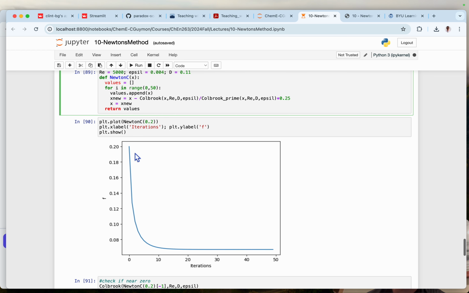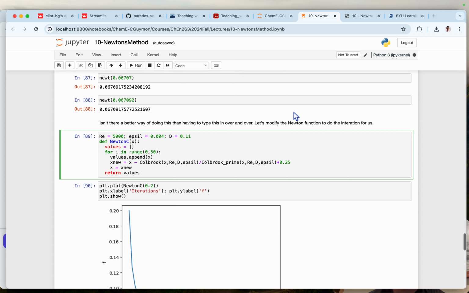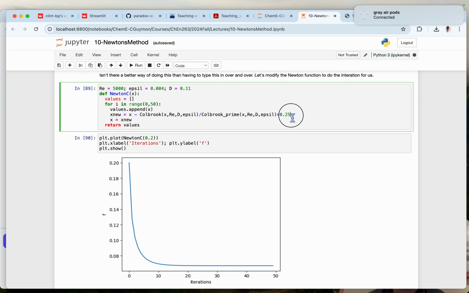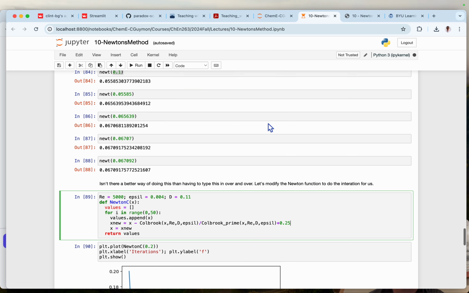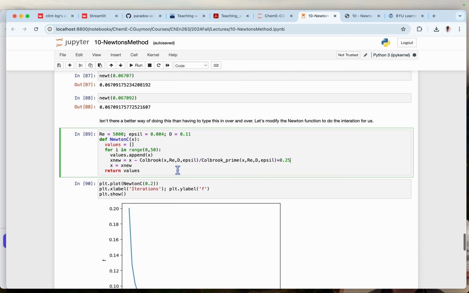And here is the plot of the f value. So you can see in this case, I did a trick. So instead of starting at 0.1, I modified Newton's method. So I multiplied the step size, this is the effective step size right here, by a quarter value. And so now instead of going negative, it doesn't step as far, and it doesn't go negative.